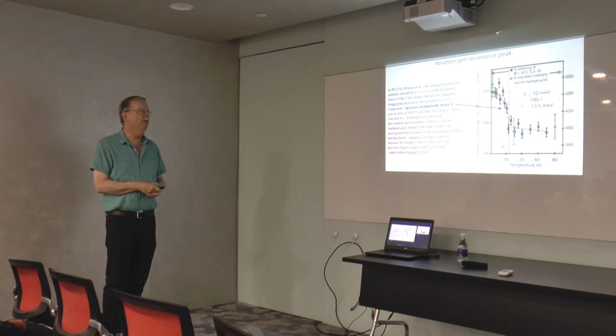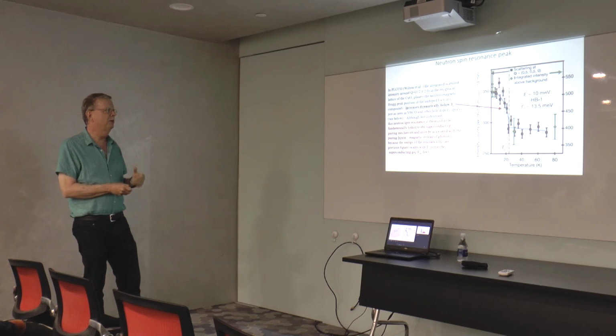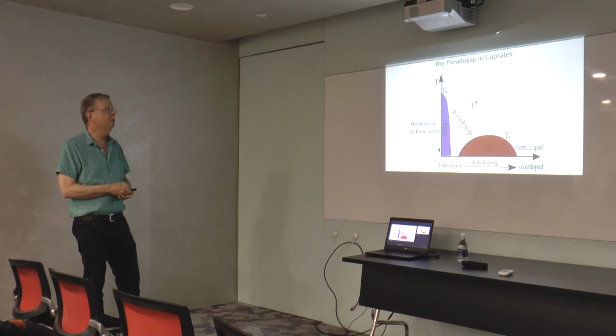This isn't new information. This is what the data imply. And they're just linking the fact that the energy of the resonance scales with TC like we saw previously. But it doesn't help us explain things. It just says there's a connection.